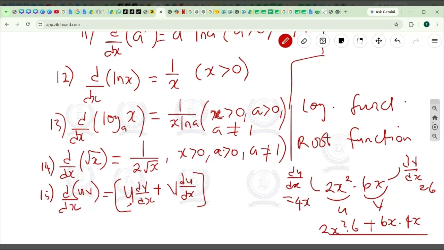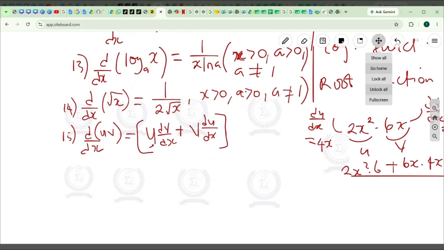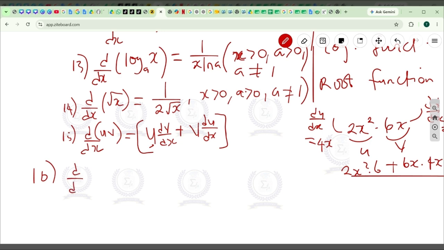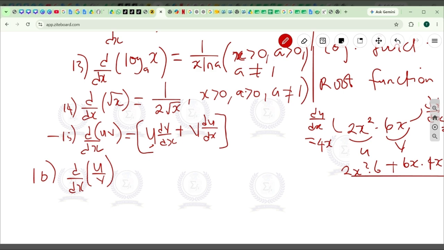So let's look at the 16th one. If you have a function like this, number 16, and this time around it's functions dividing each other. So this is called the quotient rule. So you have a function u divided by v. Number 15 is called the product rule. When you have two functions dividing each other, you use the quotient rule.